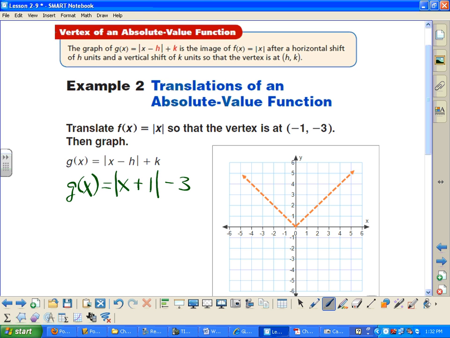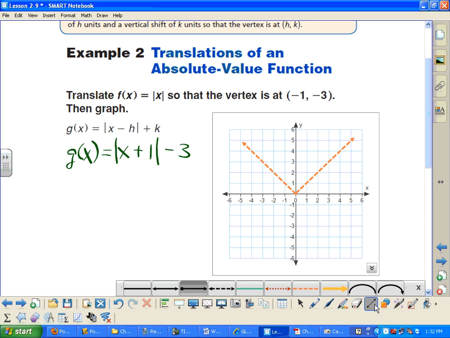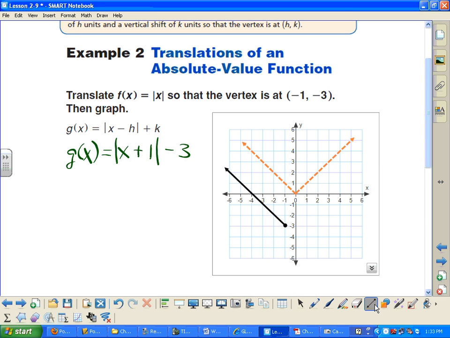When I graph it, my translation is going to be 1 to the left and 3 down. So we go 1 left, 3 down, and start at the point -1, -3. And that would be our graph.